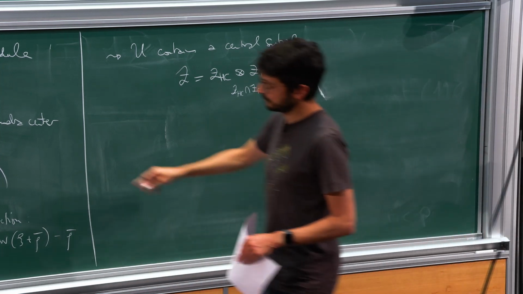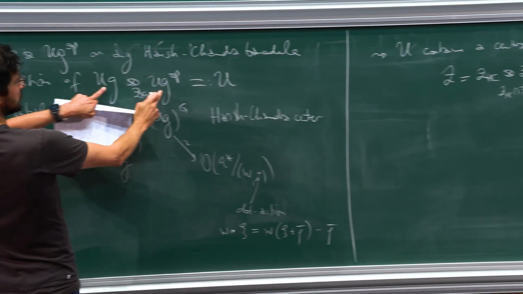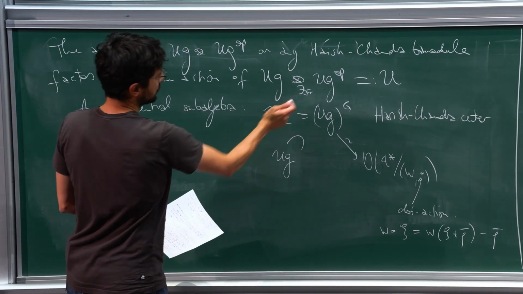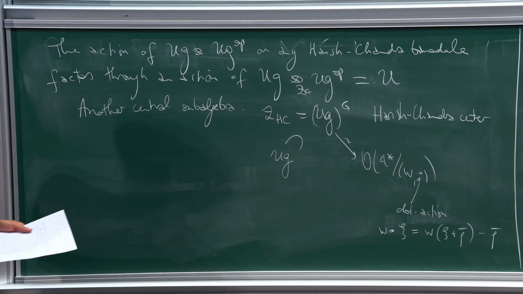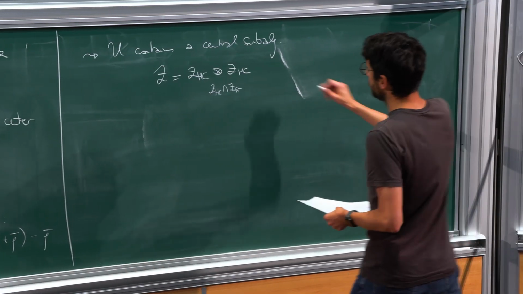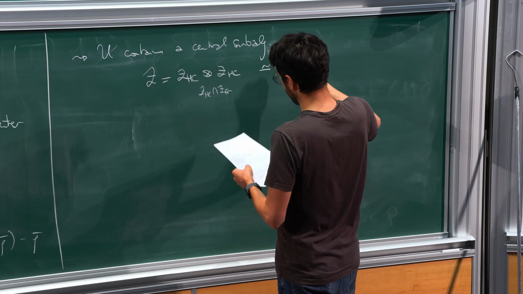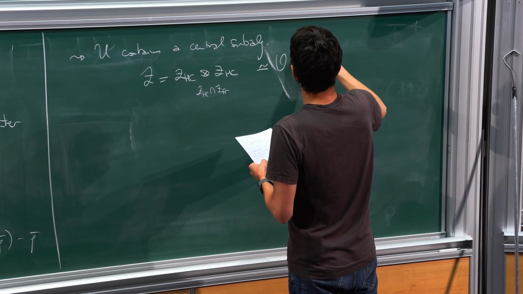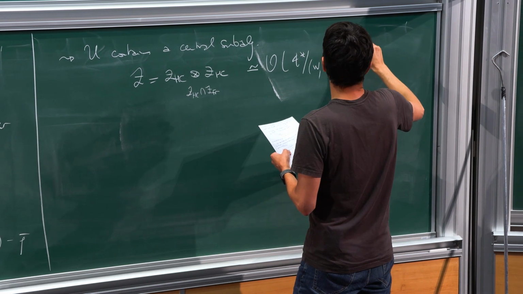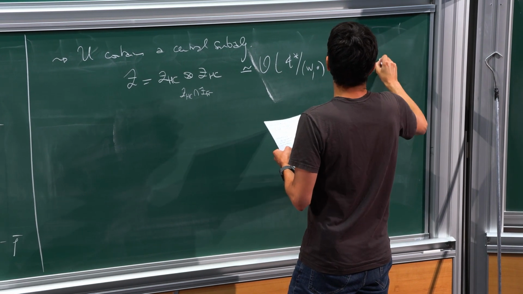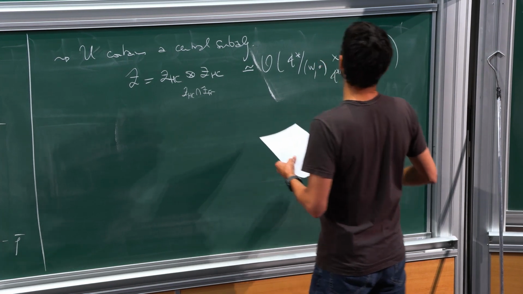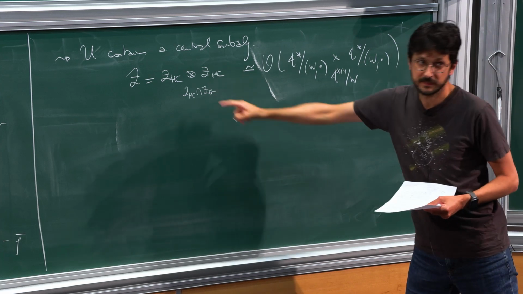So I just take my Harish-Chandra center on both sides, and because I took the tensor product over the Frobenius center, I get the tensor product over the intersection, and geometrically this corresponds to functions on T star mod W dot cross T star mod W dot over T star 1 mod W. So this corresponds to this intersection.